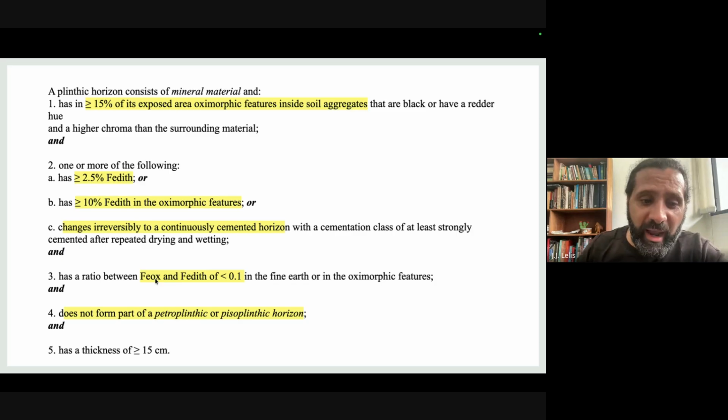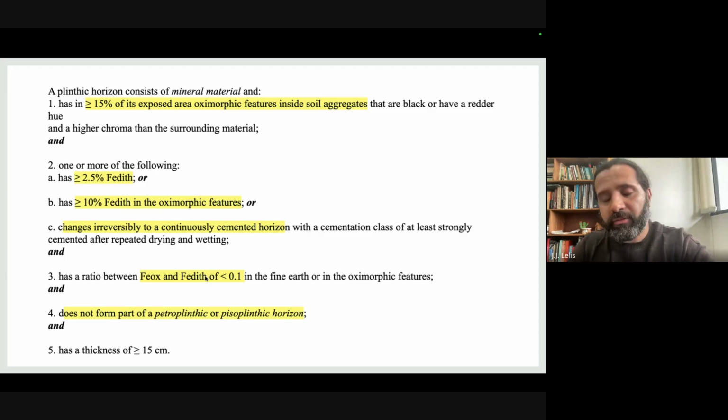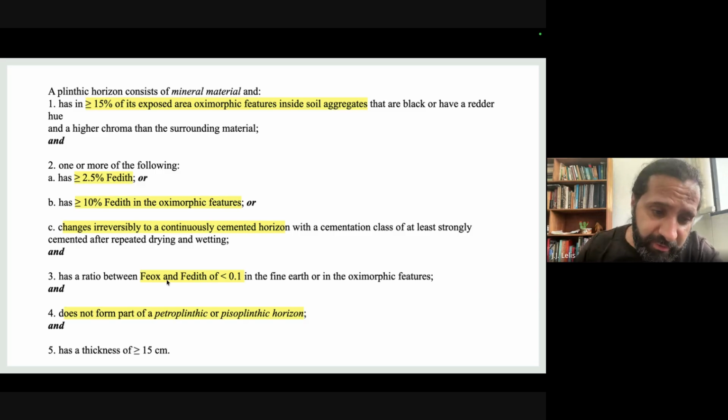Again, the higher content of iron should be connected to highly crystalline iron oxides, not low crystalline iron oxides, no organic matter. Okay. And this plinthic horizon does not form part of a petroplinthic or pisoplinthic horizon, so I cannot combine them, okay?